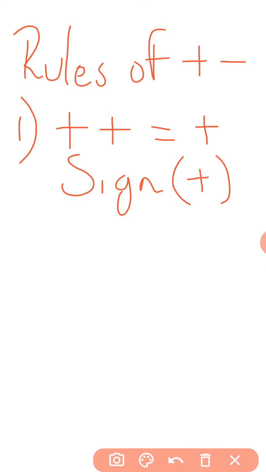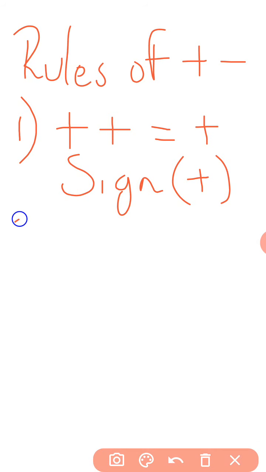So you have to remember, if two numbers are there with positive signs, plus plus is equal to plus and the sign will always be positive. Okay, simple thing is that.